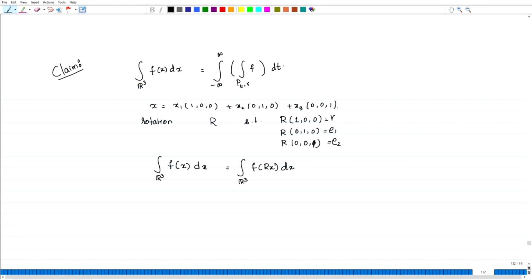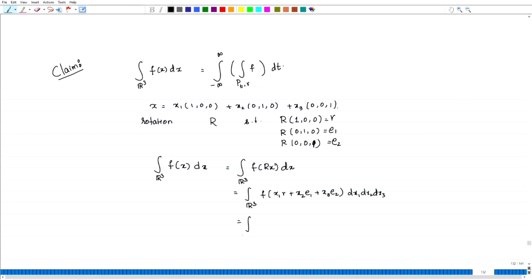So, by the change of variable, if we rewrite, this is going to be f of x1 gamma plus x2 E1 plus x3 E2, and then dx1 dx2 dx3.